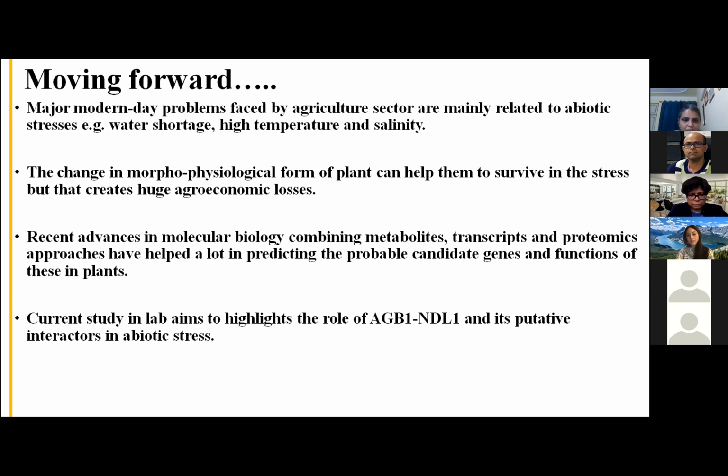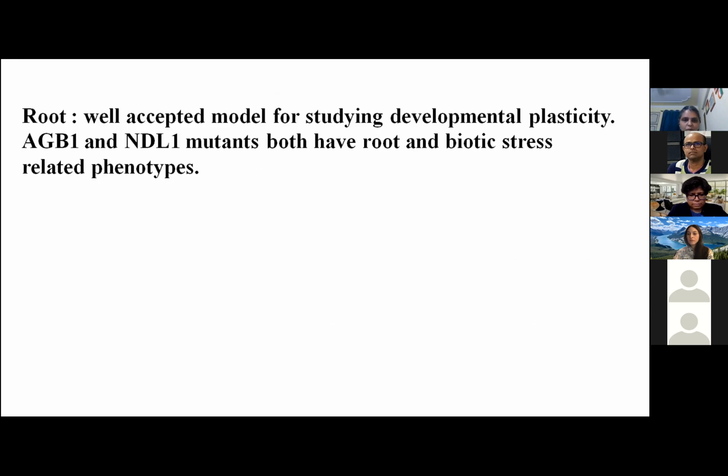So in the current situation, we have a lot of information that the interactome of AG1 and NDL1 duo definitely has a lot of components which can help us figure out a couple of things and even look for some key components. So what I decided, because root is a well accepted model for growth, right?